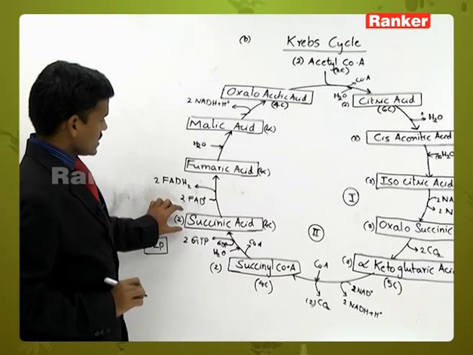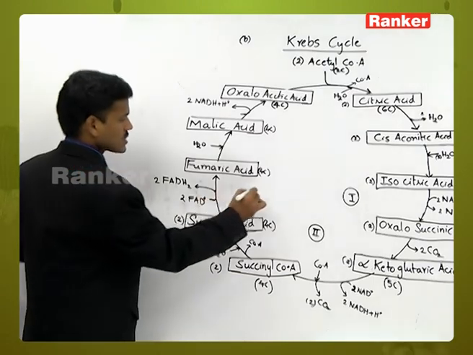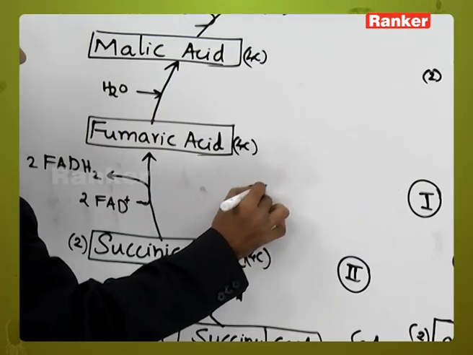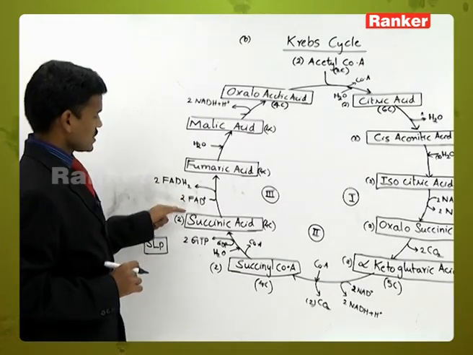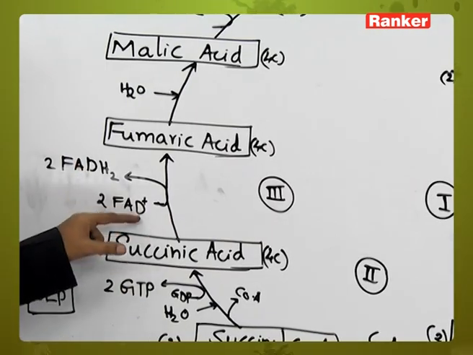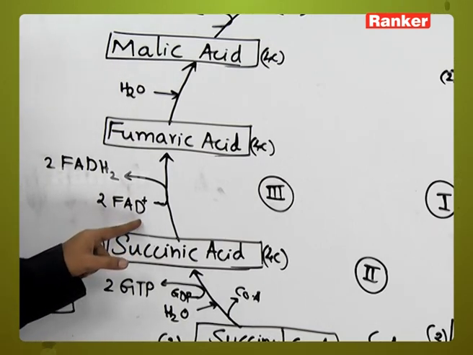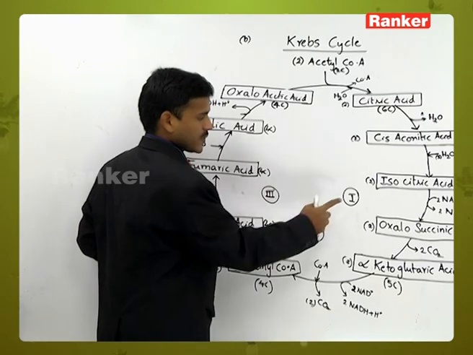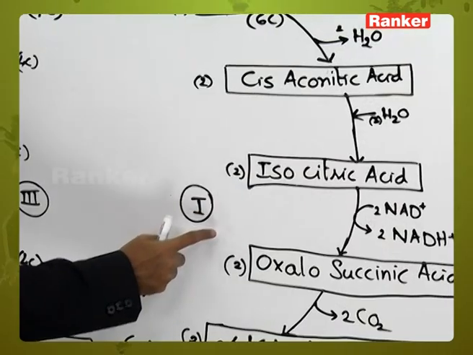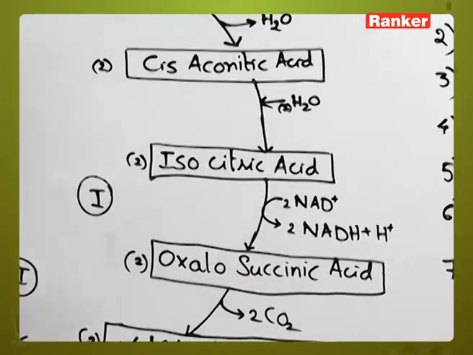So succinic acid undergoes one more oxidation reaction, the third oxidation. In this oxidation, hydrogens are removed and received by FAD, flavin adenine dinucleotide. In glycolysis, in the second step, and in the Krebs cycle at these points, NAD receives the hydrogens.